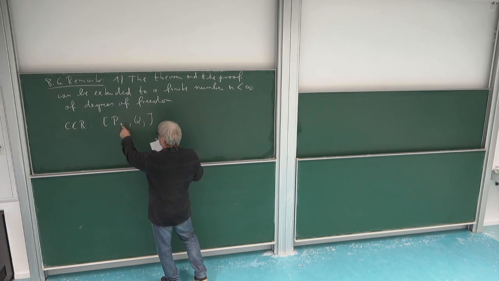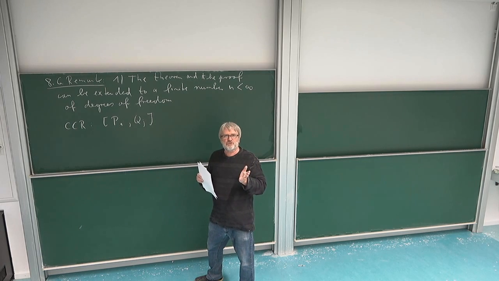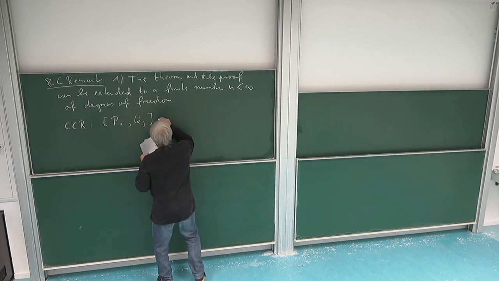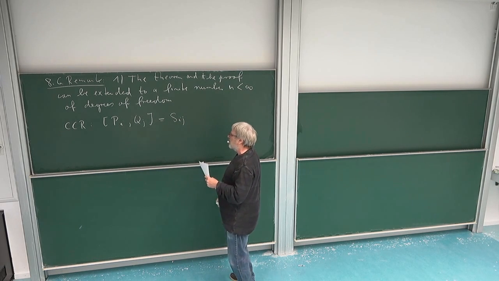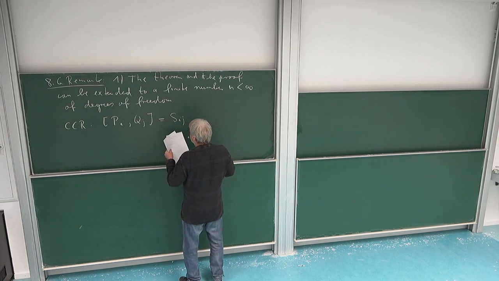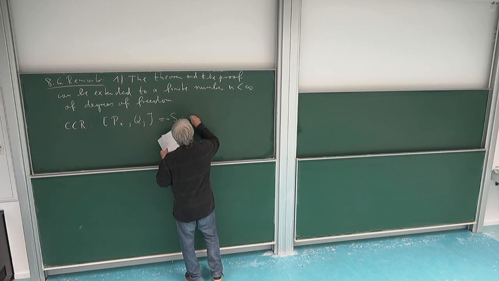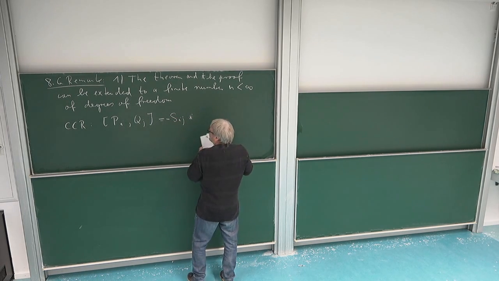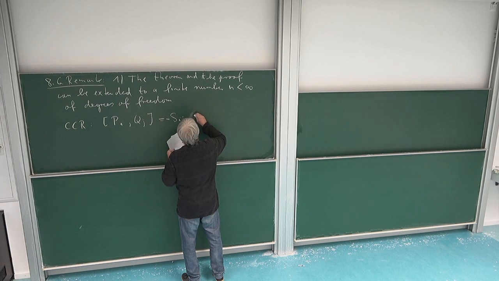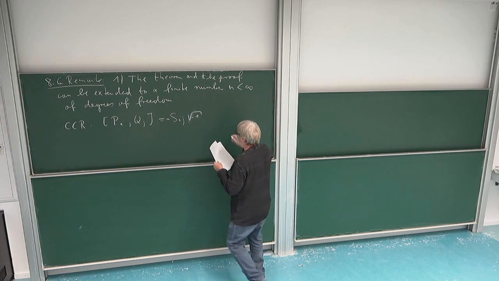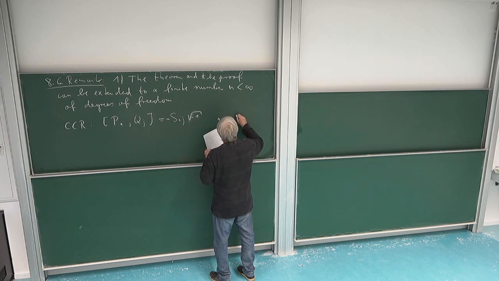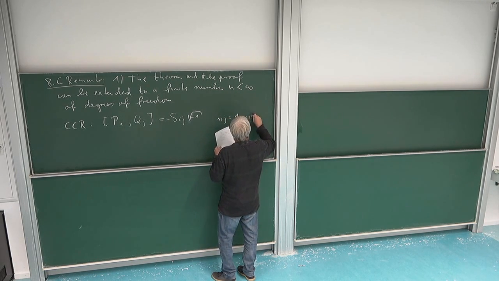And actually, if i and j are different, then they should also commute. So it should be delta_ij, and the only non-commuting issue appears if i is equal to j. And then I have here minus i. Now of course, this i here is not the same i as I'm using for the indices. And this is true if i and j are running from 1 up to n.